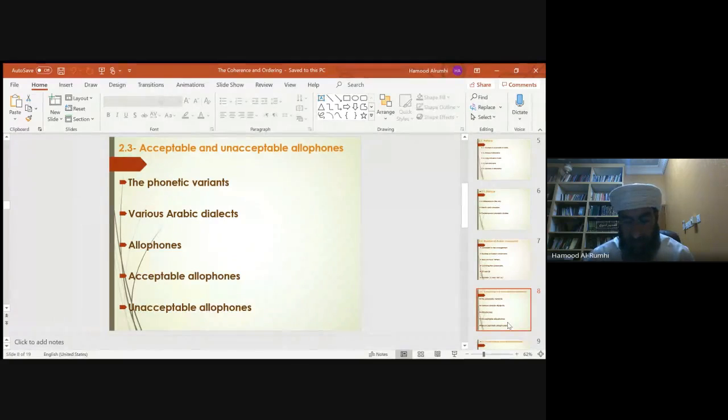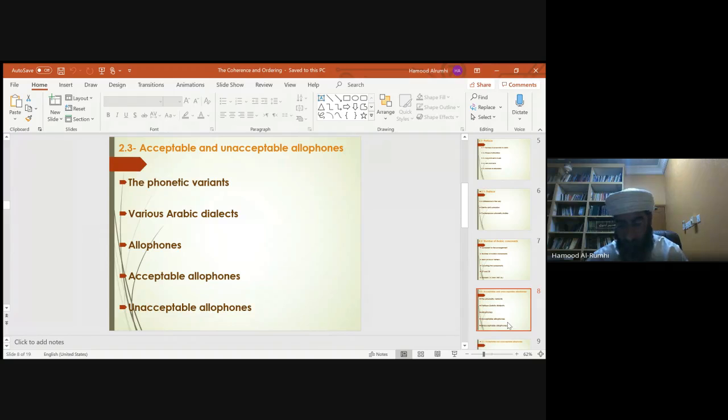After an extensive discussion of the number of the Arabic consonants, these treatises clarified the phonetic variants of these consonants according to the way they were pronounced in various Arabic dialects. Variants of phonemes are referred to as allophones in contemporary phonetic terminology.